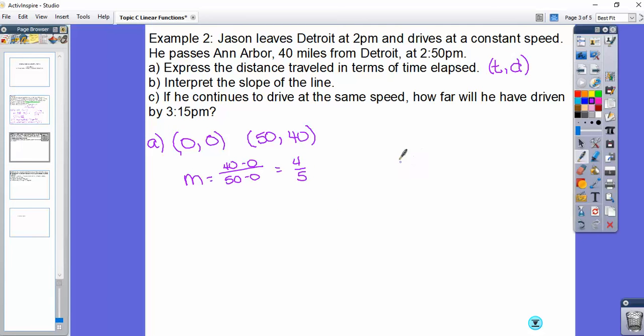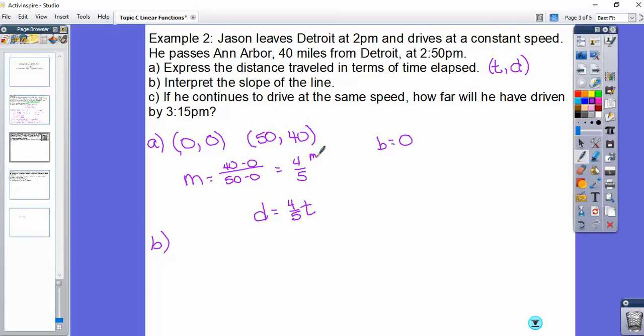For the y-intercept, you can plug into y equals mx plus b. You're just going to get that your b is 0. So my equation, if I use t and d, you could do x and y, I didn't specify here, my distance is 4/5 t. So part B, interpret the slope.